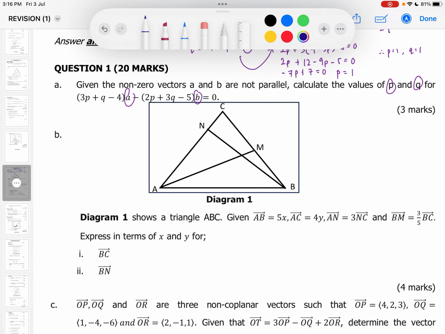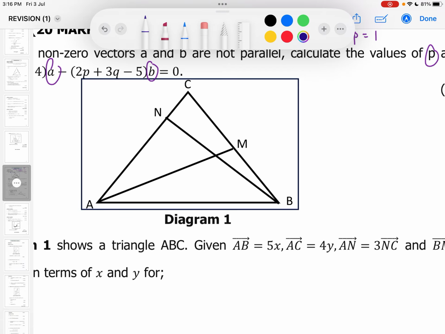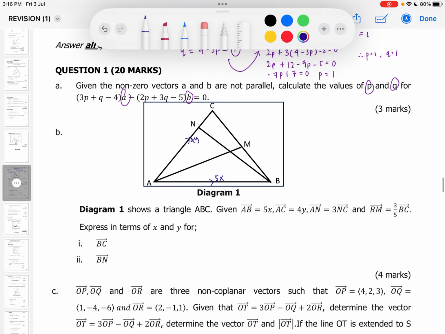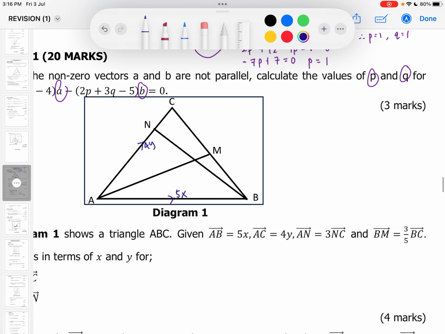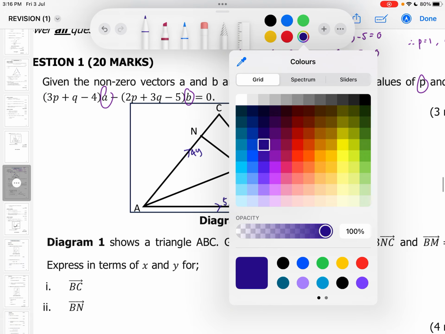Okay, so b, diagram 1 shows a triangle ABC given that AB equals 5x and AC equals 4y. AN equals 3NC. And BM equals 3 over 5 BC.